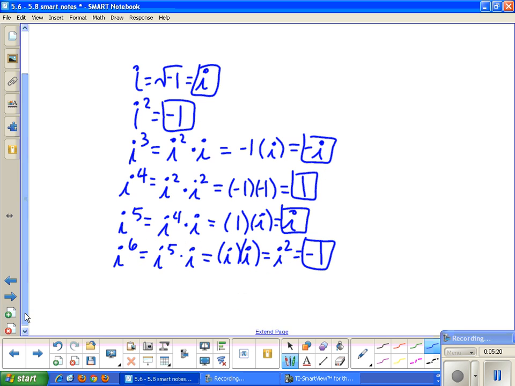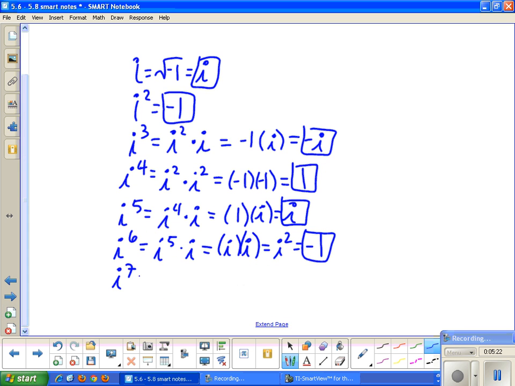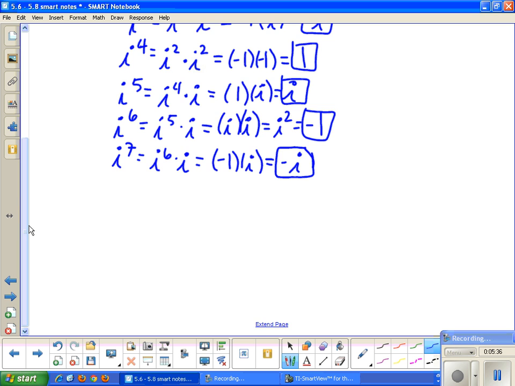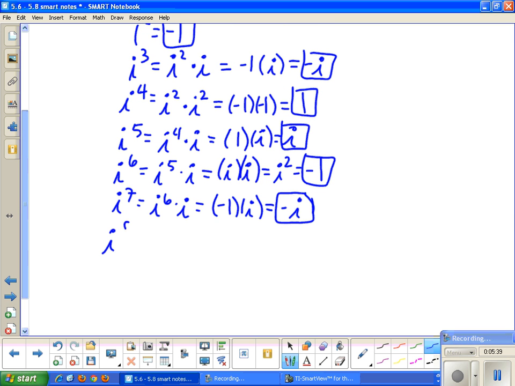And I could keep on going, of course. i to the 7th power would be i to the 6th times i. And i to the 6th we just said was -1, times i, which gives us -i. And if I keep going, i to the 8th power is i to the 7th times i, which would be -i times i, which is -i squared, which would be -1 times -1.